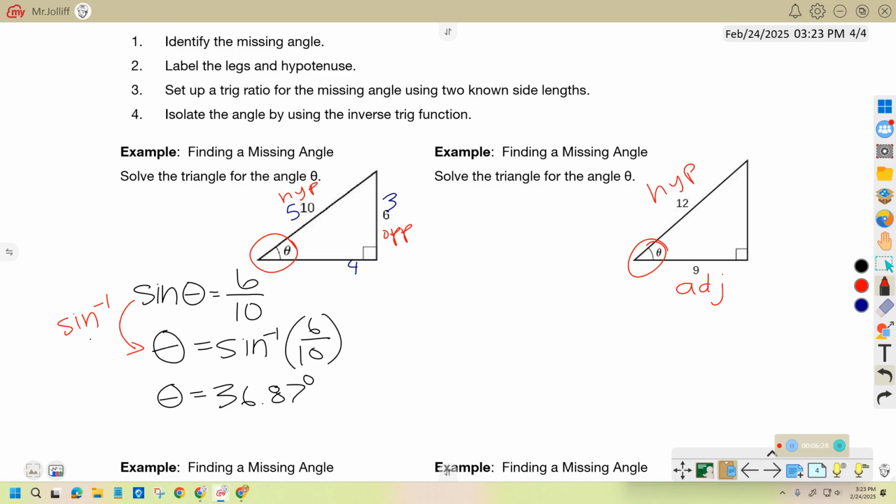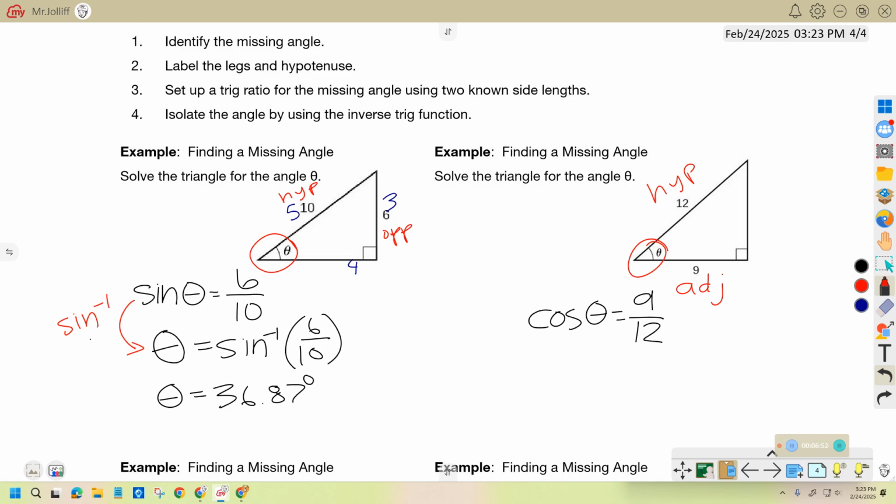And then the next question. Alexis, based on the fact that I have adjacent and hypotenuse, which trig function? Cos. Perfect. Cosine is adjacent over hypotenuse. So cos of theta is adjacent over hypotenuse, 9 over 12. How do I undo a cosine?